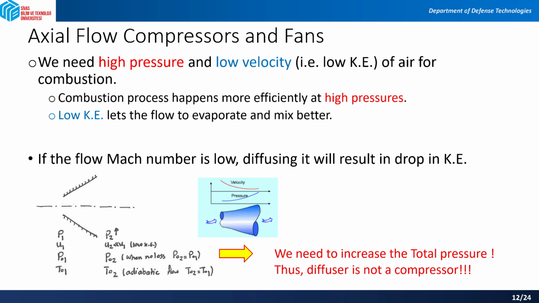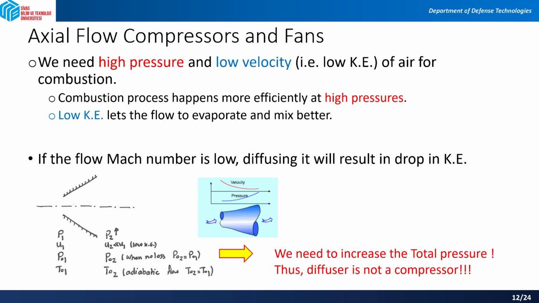But we need to increase the total pressure. Thus, this means that only by using a diffuser we cannot have a compressor, right? So this diffuser, when it is staying like this, not moving, not rotating, means that it's not doing any work on the fluid.